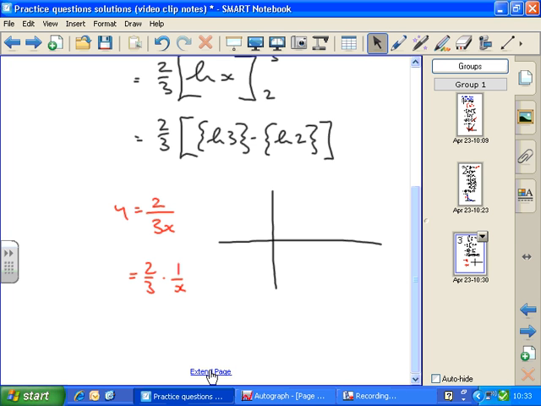So as x gets bigger, y approaches 0. So it's going to do this.